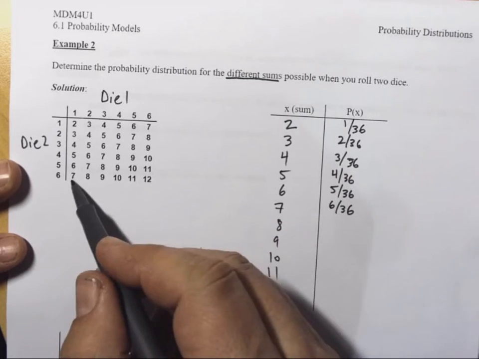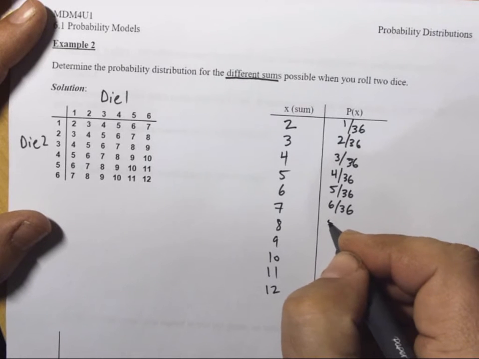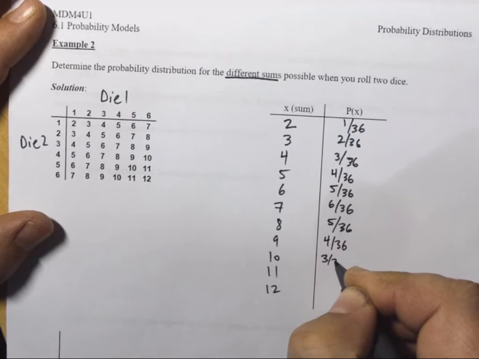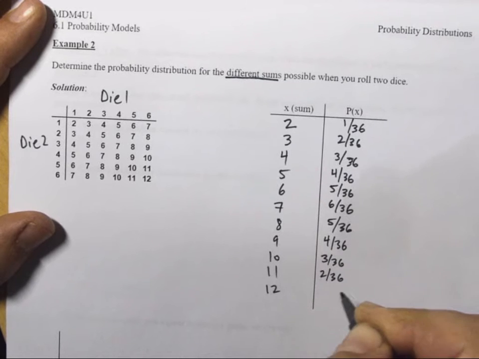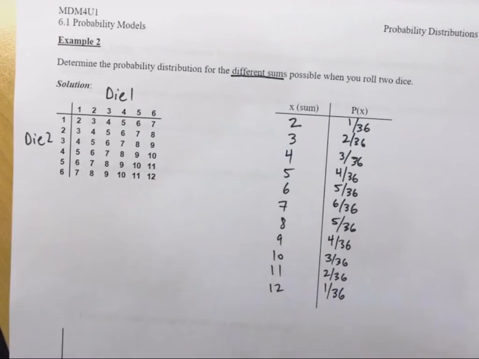There are 6 ways to get a sum of 7, but as soon as you go to 8, it starts heading down again. 5 in 36, 4 in 36, 3 in 36, 2 in 36, and how many ways to get a sum of 12? You guessed it, 1 in 36.